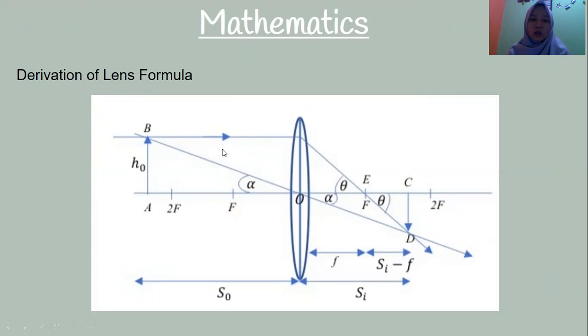This is a picture of light that is deflected. Here it forms a triangle that has 90 degrees.